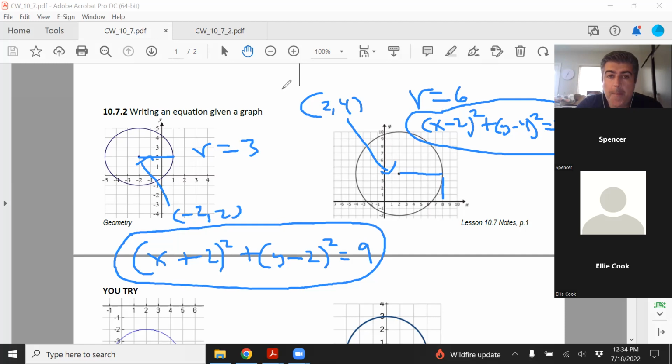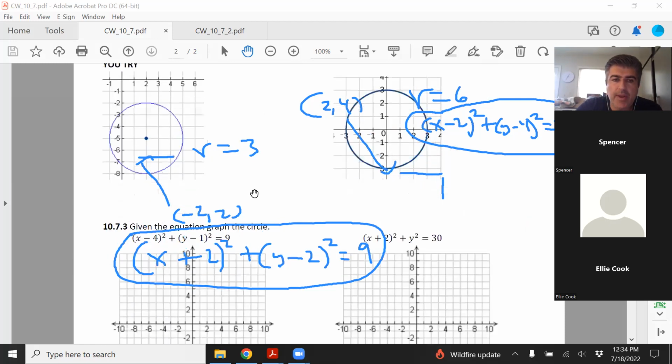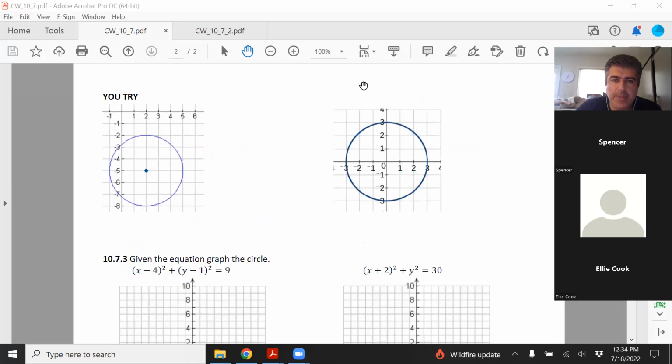Questions on those two? Okay, you guys try these here. I'll give you about a minute. It shouldn't take long. So again, figure out the center. Figure out the radius.